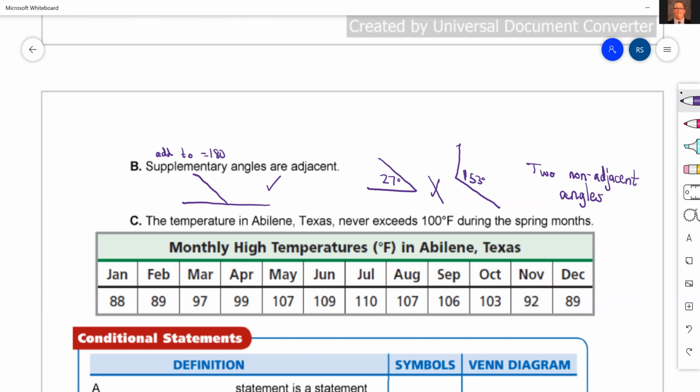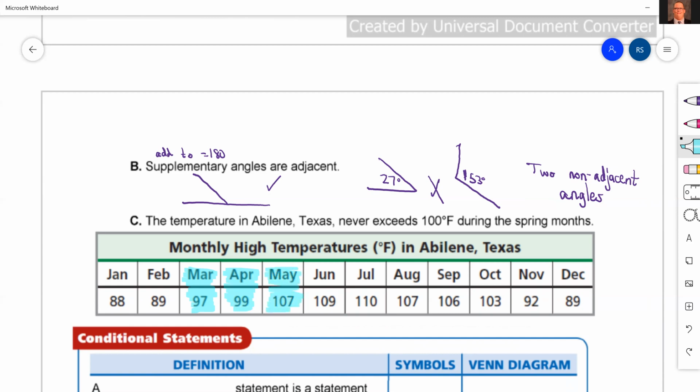Okay, the next one says the temperature in Abilene, Texas never exceeded 100 degrees during the spring months. Well, which ones are our spring months? Traditionally, it's March, April, and May.